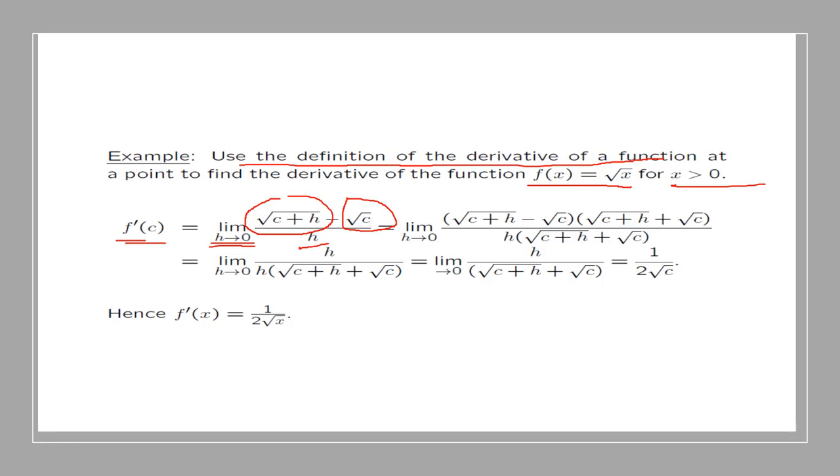Then we introduce root c plus h plus root c at the top and the bottom. If you multiply out the top, or look at it as a difference of two squares, then the top will simply be c plus h minus c, which will give you h.